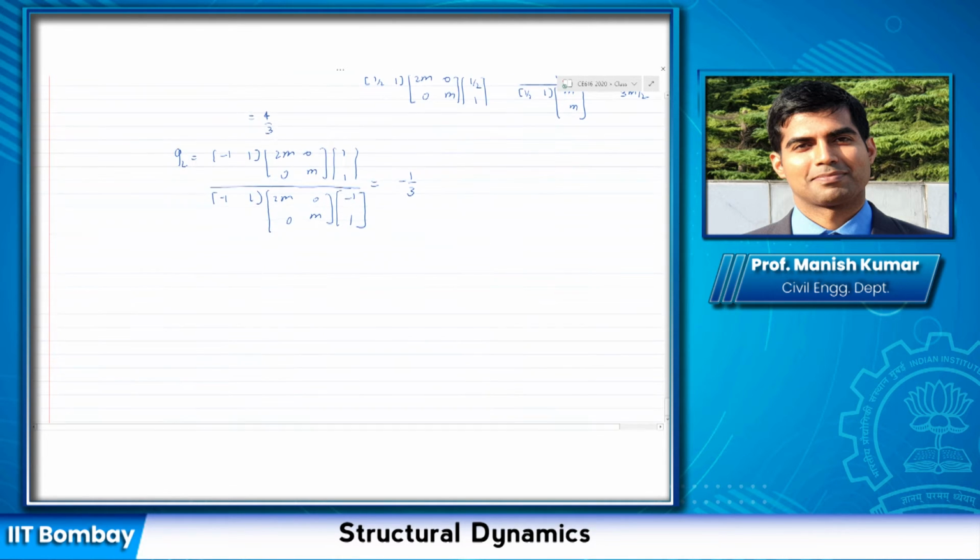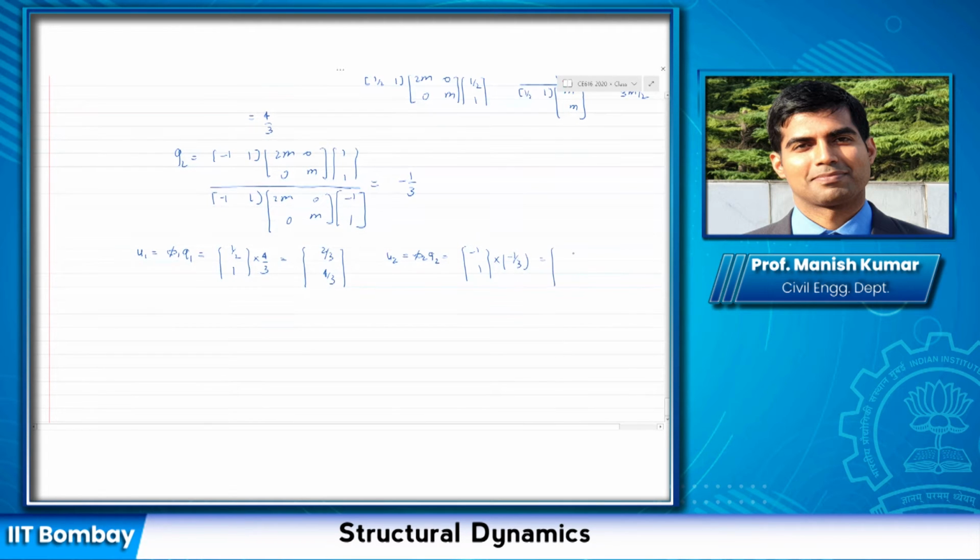So my u1, which is the response contribution of the first mode to the total response, would be basically phi1 times Q1, which is half 1 times 4 by 3, which gives you 2 by 3 and then 4 by 3. And u2 is phi2 times Q2, which is minus 1 1 times minus 1 by 3.